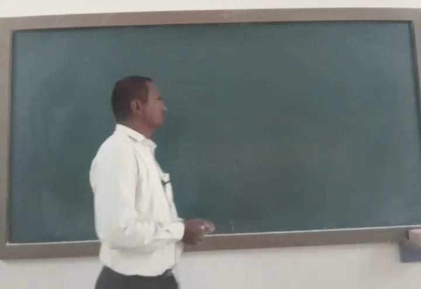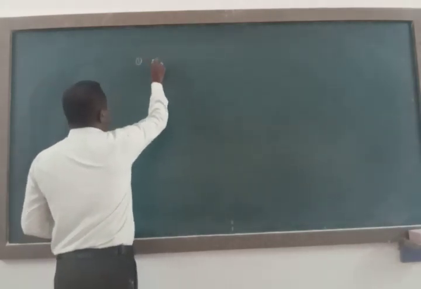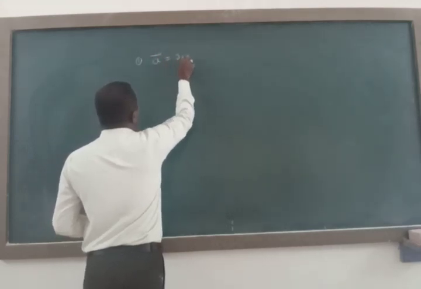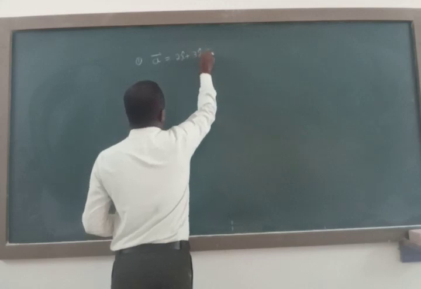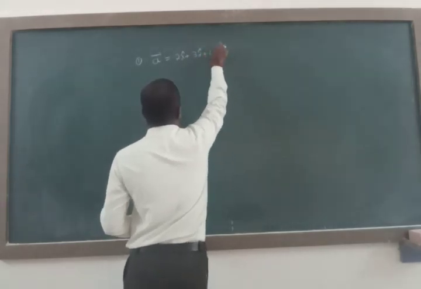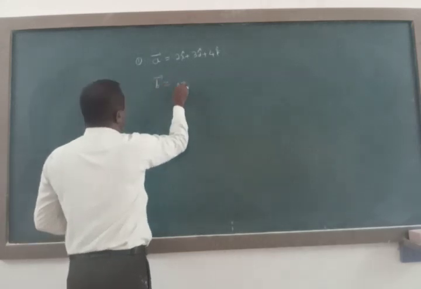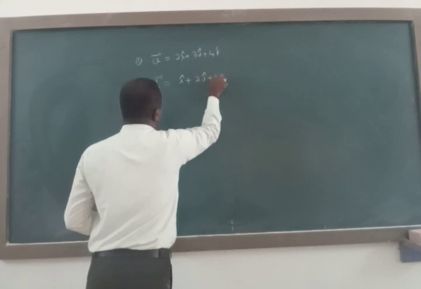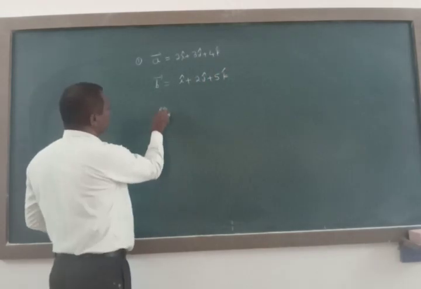For example, A bar is equal to 2i cap plus 3j cap plus 4k cap. B bar is equal to i cap plus 2j cap plus 5k cap. Then find A bar dot B bar here.